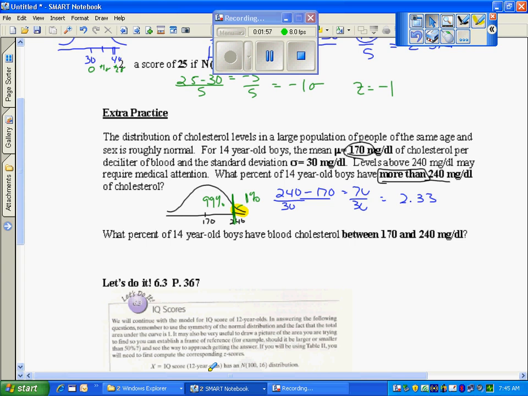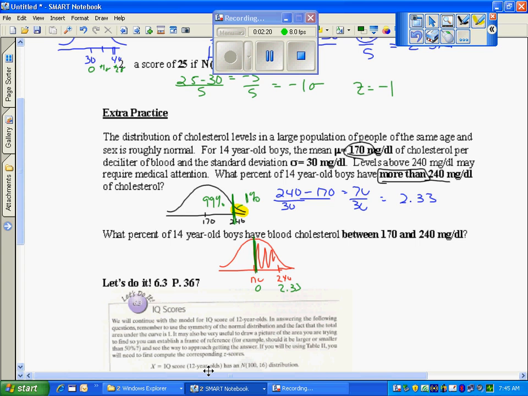If we wanted to go between those two, again, you set it up. Here's the 170, here's the 240, and I want between those. Again, we need to transfer these into z-scores. This is a z-score of 0 because it's right at the center, and the 240 is a z-score of 2.33.